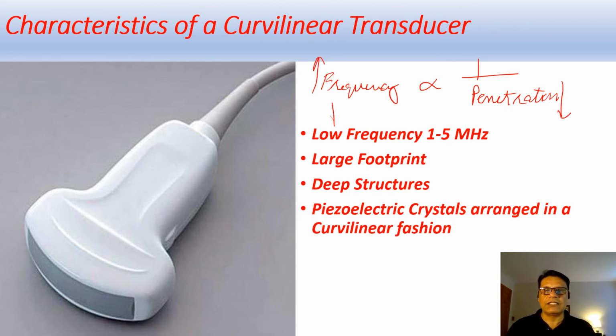When frequency decreases, penetration increases. Here the frequency is decreased, it means this transducer has low frequency, so it can see deep inside the body. It can travel deeper than the linear probes, because they have high frequency.